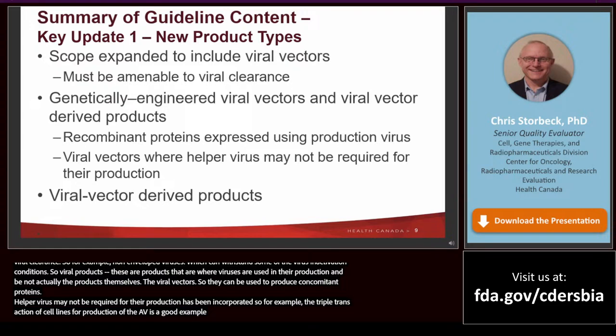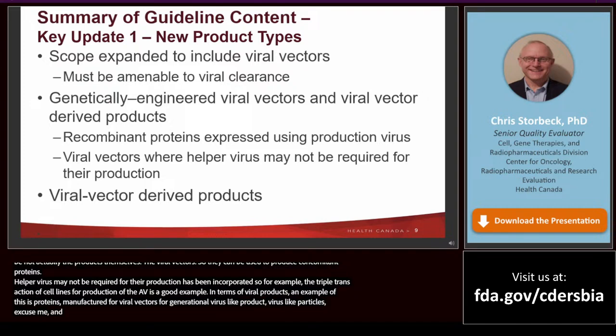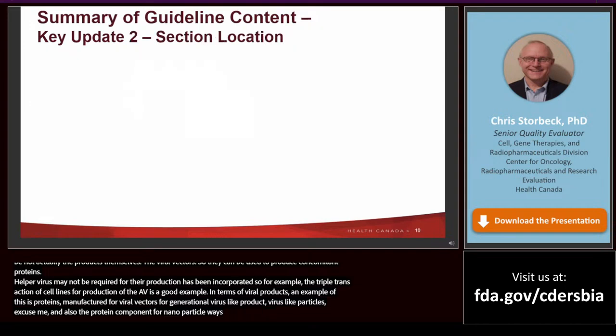In terms of viral vector-derived products, an example of this could be proteins manufactured from viral vectors for generation of virus-like particles, and also the protein component for nanoparticle-based vaccines with the protein product as the delivered product.